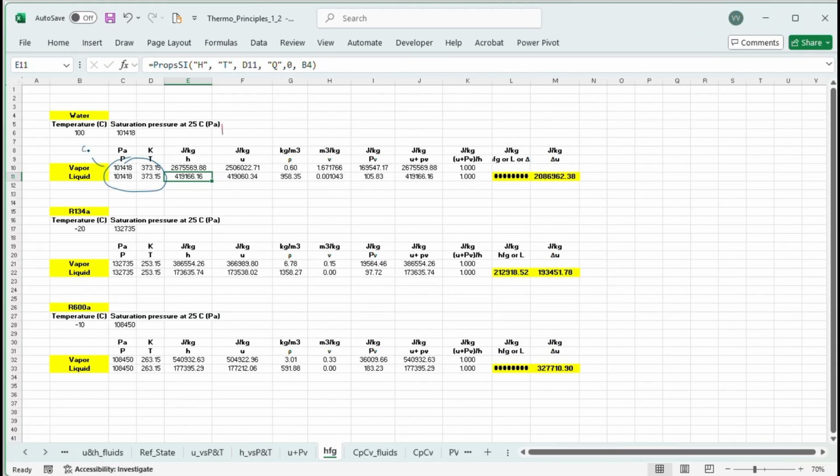This 373.15 is 100 degrees C, in kelvins here. For saturation condition, you can see the enthalpy of liquid is so much less than the enthalpy of gas. And the same thing goes for the internal energy. So in this case, we could look at the ratio. What is the ratio here?